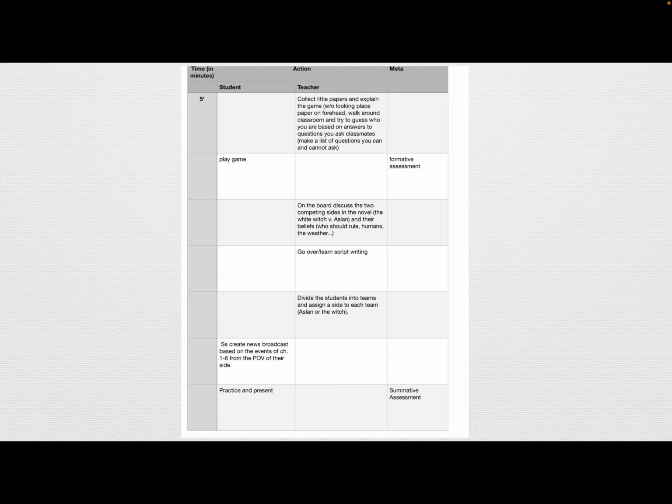Edmund, who has already met the witch, is walking around with Peter, and Edmund says to Peter, how do we know that we're on the right side here? Because he's thinking about the witch. This is on page 70 for me, right at the end of chapter 6.